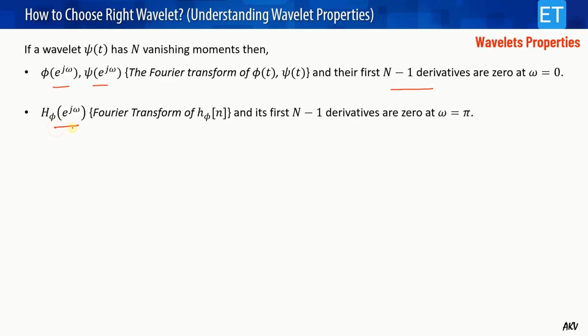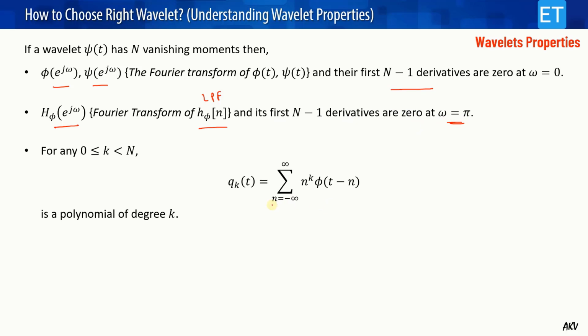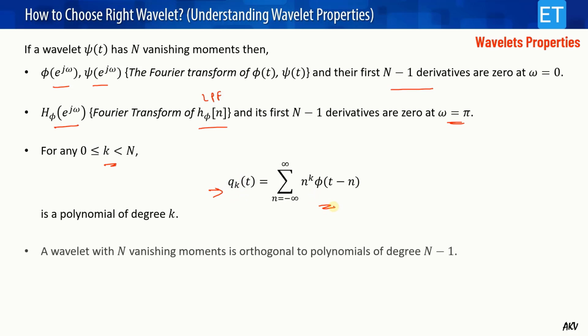And the Fourier transform H phi, which is the Fourier transform of the wavelet filter obtained from the scaling function phi t, of course this is an LPF, and its first n minus 1 derivatives will have the 0 value at omega equal to pi. From this information, or the number of vanishing moments, we can construct a polynomial of degree k like this. And a wavelet with n vanishing moments is orthogonal to polynomials of degree n minus 1.